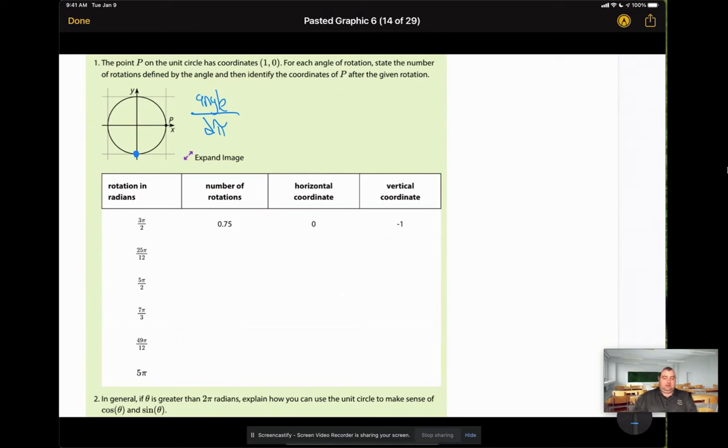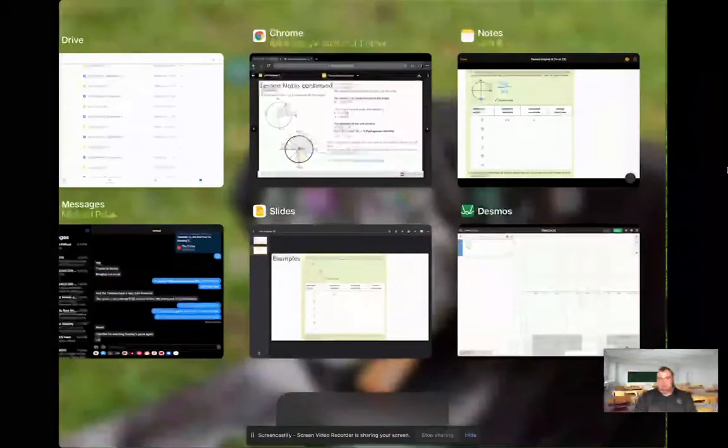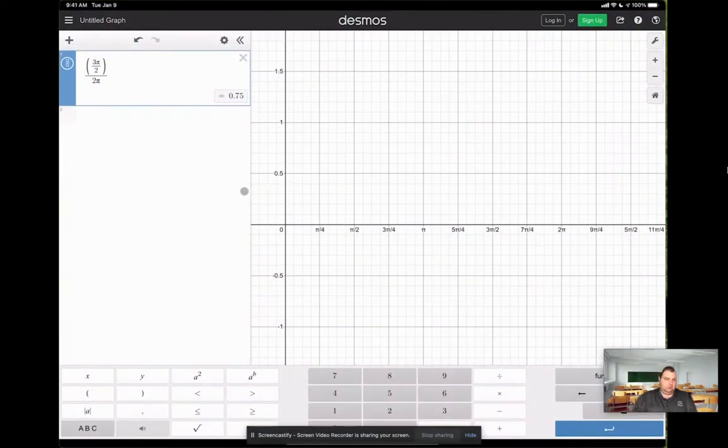To fill in this first column, we're going to take the angle measurement and divide it by 2 pi. So the next one is 25 pi over 12. So I'm going to change this to 25 pi over 12.